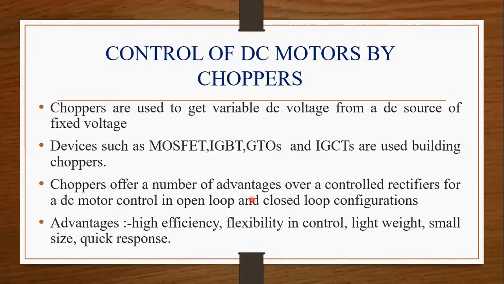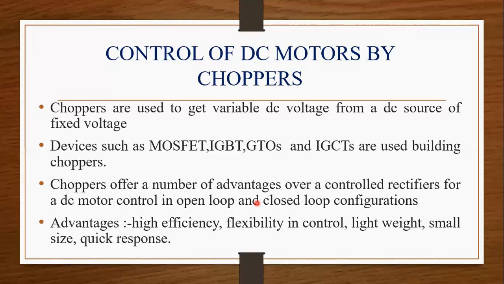So this is one of the advantages of these chopper converters, that discontinuous conduction is eliminated. The elimination of discontinuous conduction improves the speed regulation and transient response of the drive.